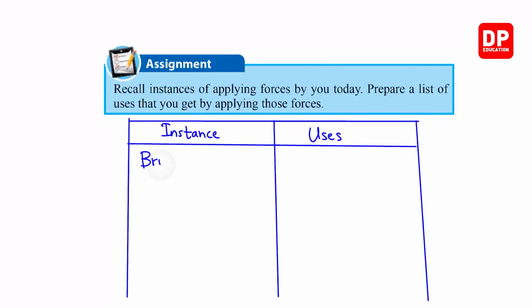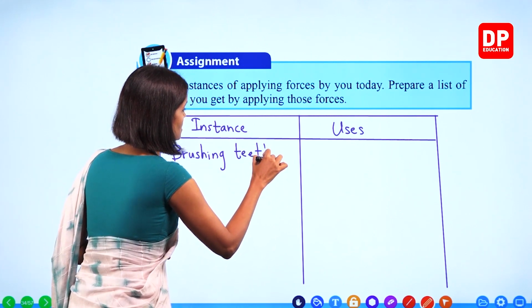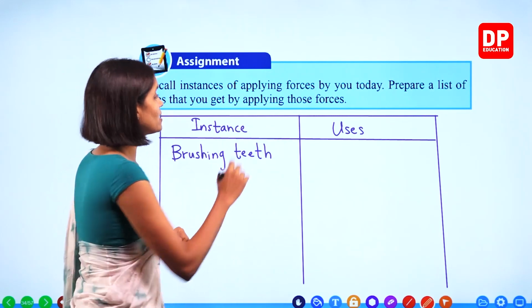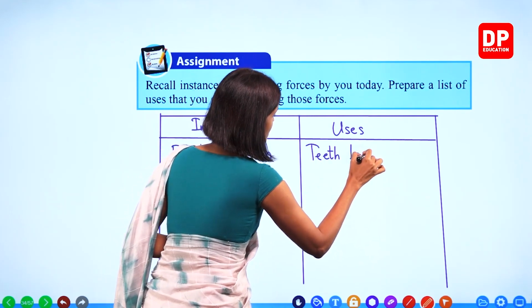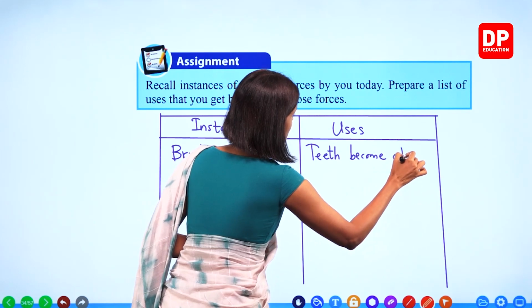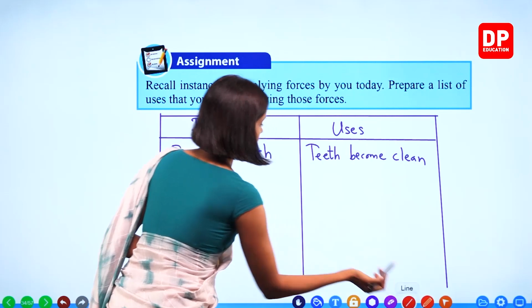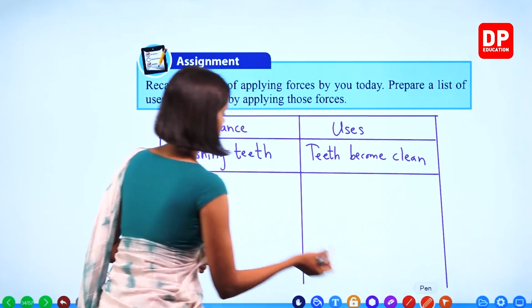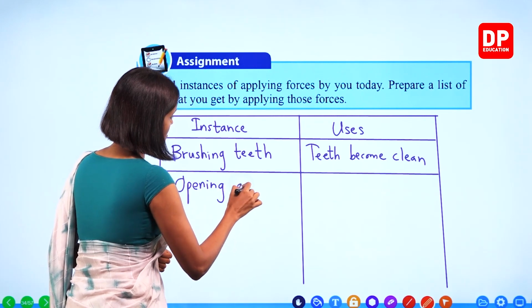Brushing teeth. When brushing teeth, you have to apply push and pull both. So when you brush teeth, what is the use? Your teeth become clean. That is the use. Another one: opening a tap.